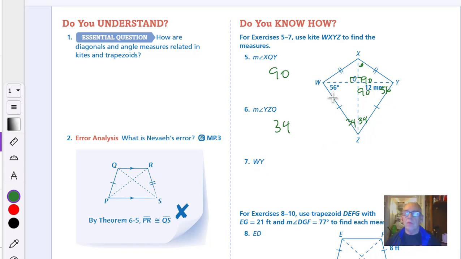The length of WY, if this length here is 12 millimeters, since this major diagonal bisects the minor diagonal, this piece here must also be 12 millimeters. So the total length of WY is 24 millimeters. And if they give you units, you should carry the units on through.